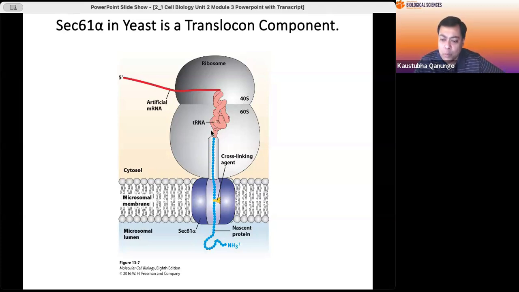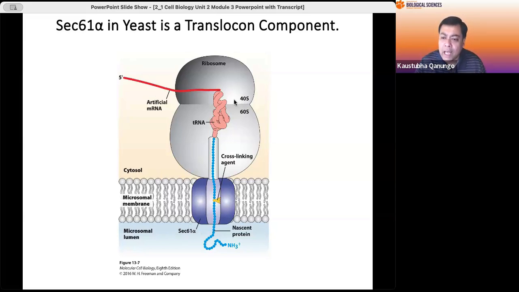Intelligently, they predicted that you can fit about 30 amino acids in the channel, and they chose a lysine residue and modified it so it can be activated by light. Upon activation, a cross-linking agent can covalently bind it to the translocon, which is Sec61 alpha. This is the translocon from yeast, just a specific name rather than a generic name.